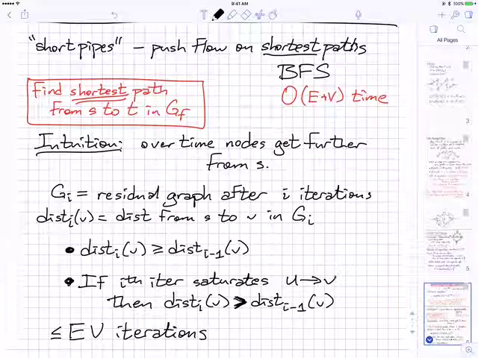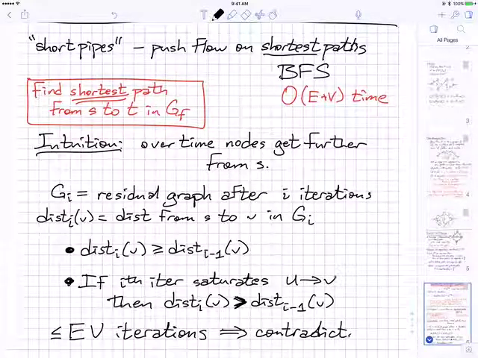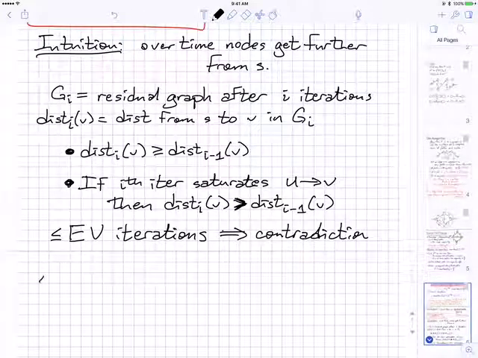Every time something gets further away, and you've got so many vertices, after this many iterations, the distance to every vertex is more than the number of vertices in the graph, which is impossible. Which means the algorithm must have halted by now. So after some fairly large number of iterations, I get a contradiction, which means that the algorithm actually halts.